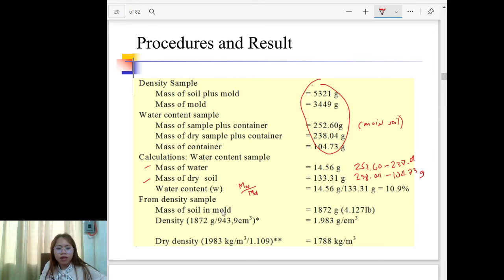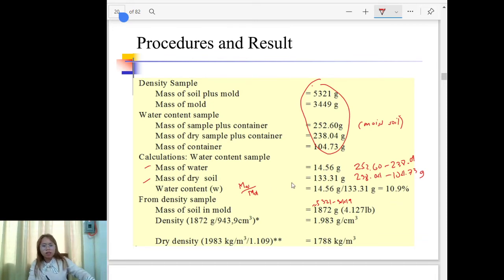So from the density sample, the mass of soil in the mold for the moist soil is 5321 minus 3449, or in pounds, that is 4.127 pounds.